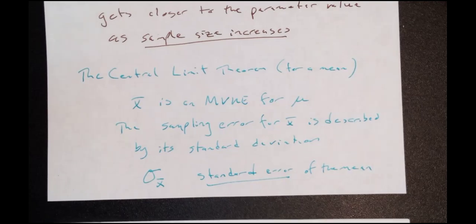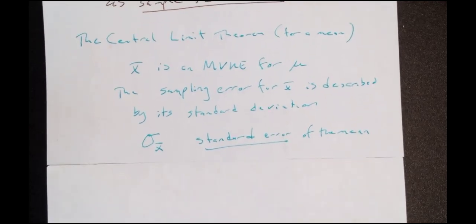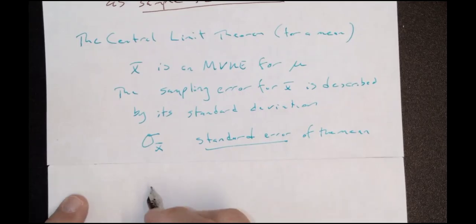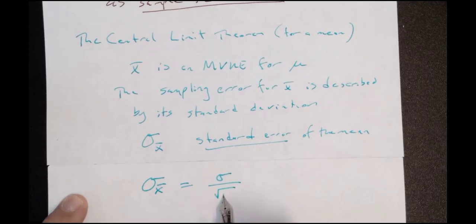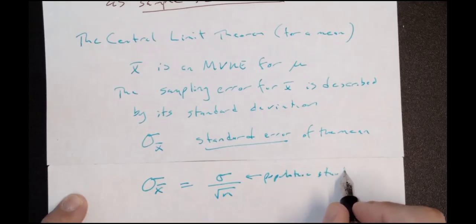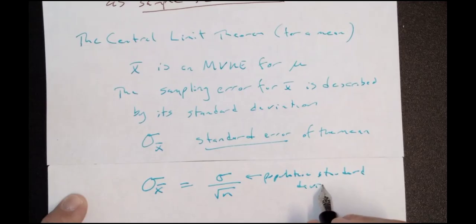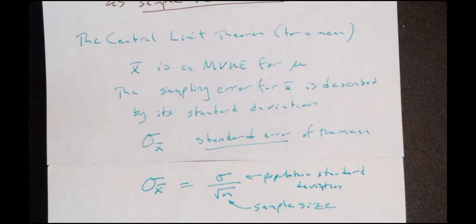It turns out that this comes from the standard deviation in my population divided by the square root of sample size. So as n gets bigger and bigger, this becomes more consistent.